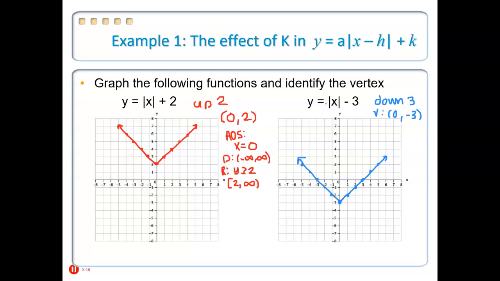Domain is once again all reals. My range, however, instead of being up, has now gone down. So the range has expanded. It's now -3 to infinity.